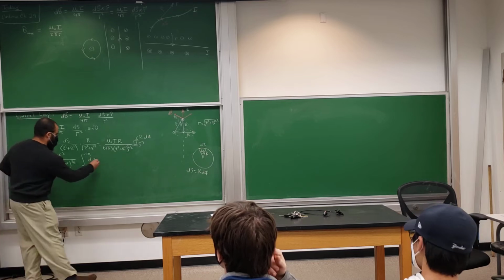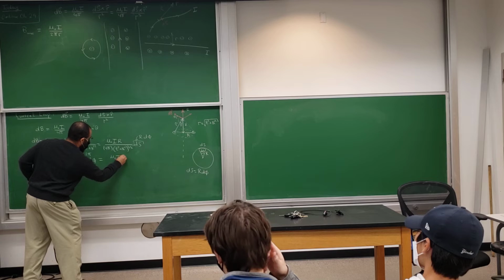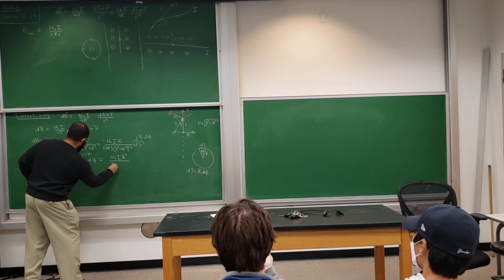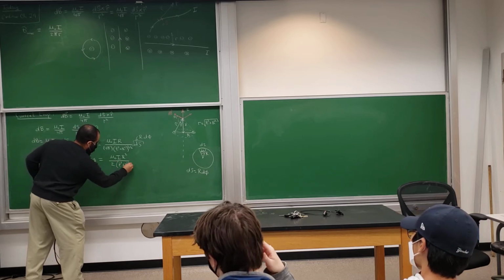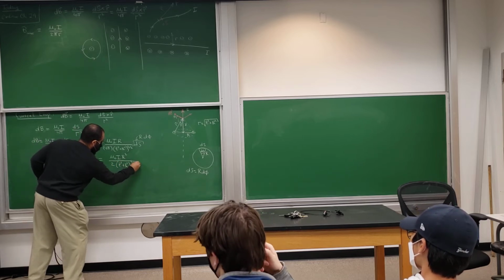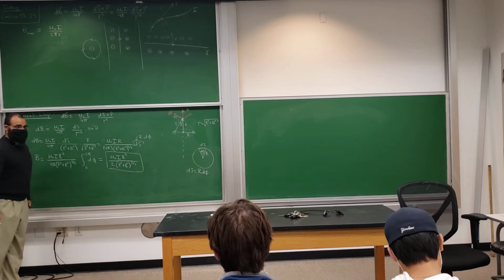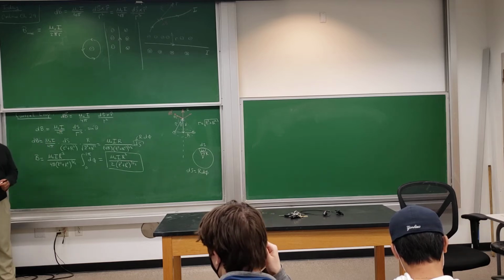So you will get mu naught I R squared over 2 times z squared plus R squared to the power 3 halves. Okay, that's the result we're looking for. The direction is along the z-axis.